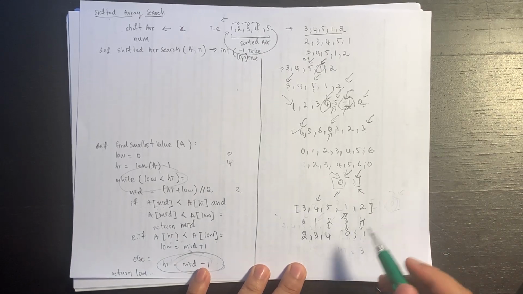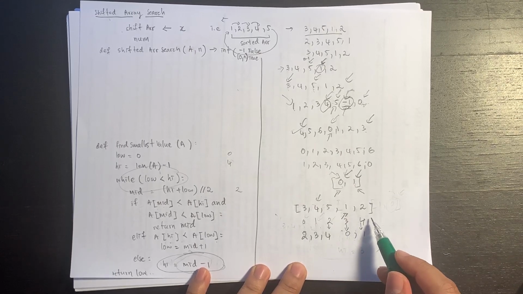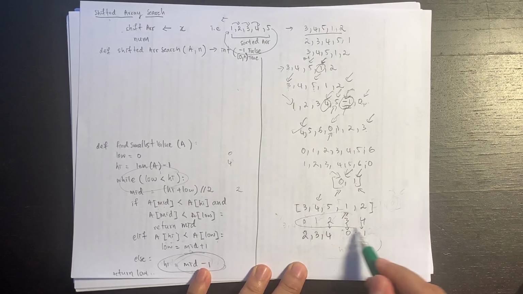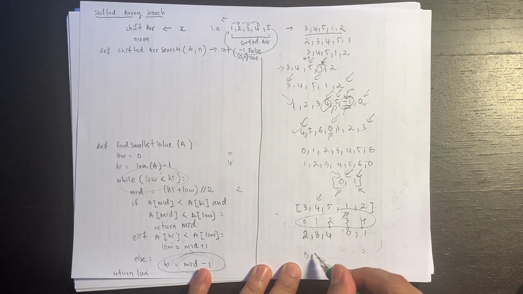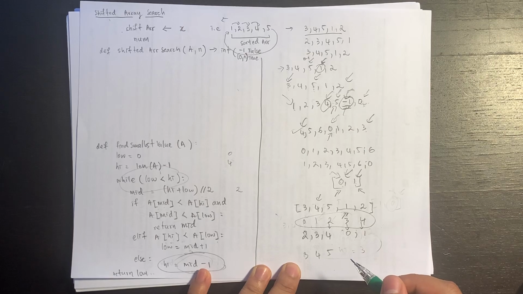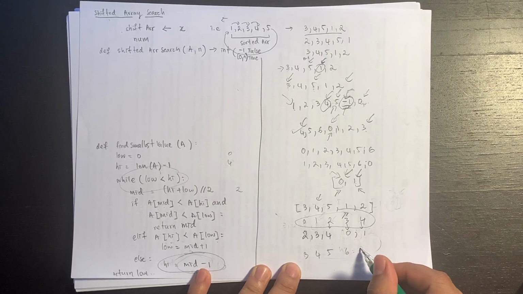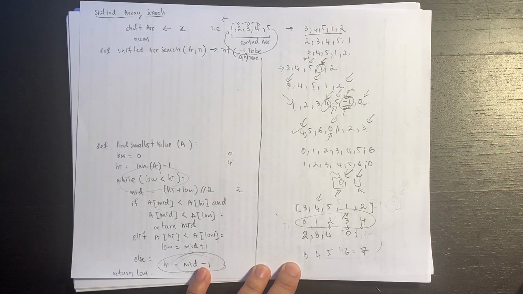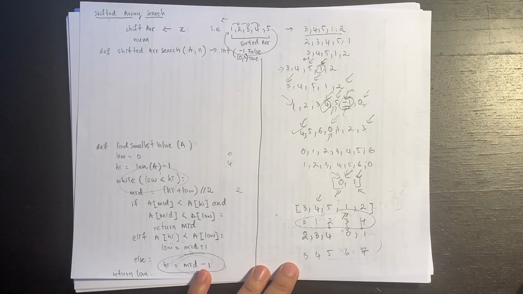So if we add all of this by 3, we will get 3, 4, 5, 6, 7. And we mod by 5. No, it's not looking right.